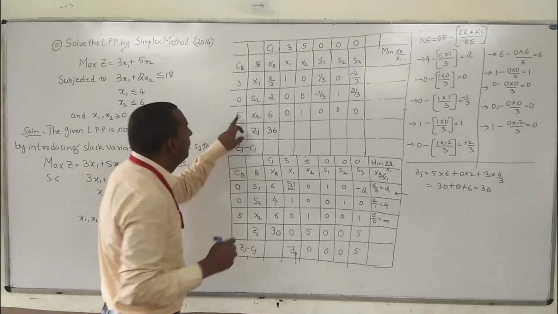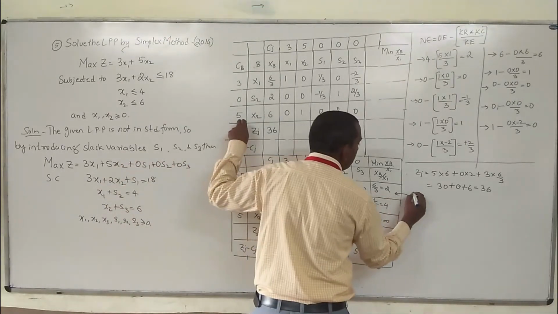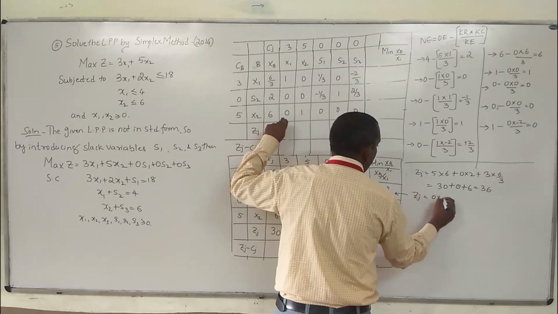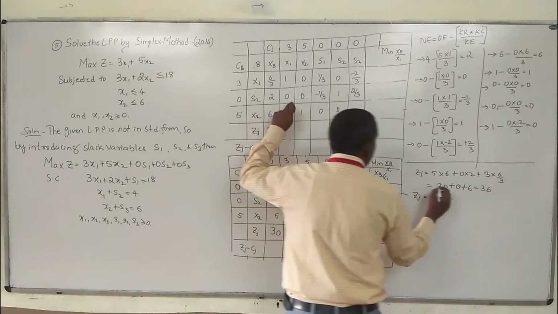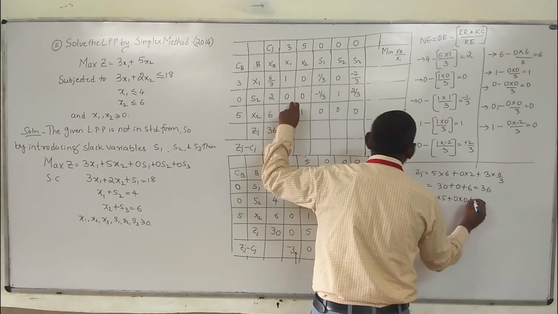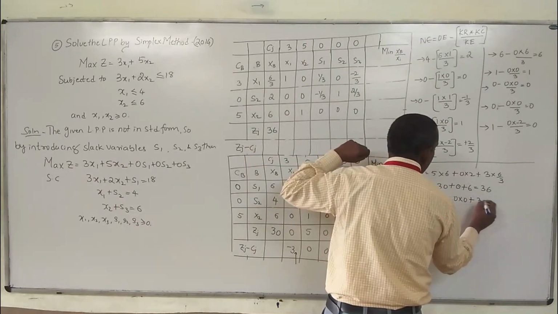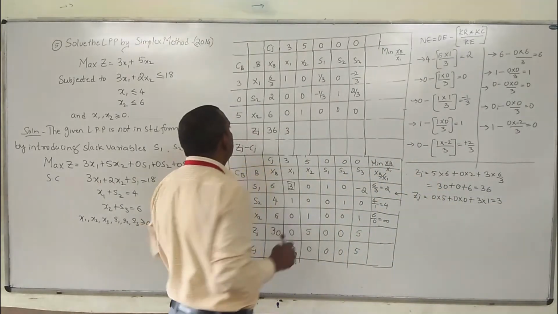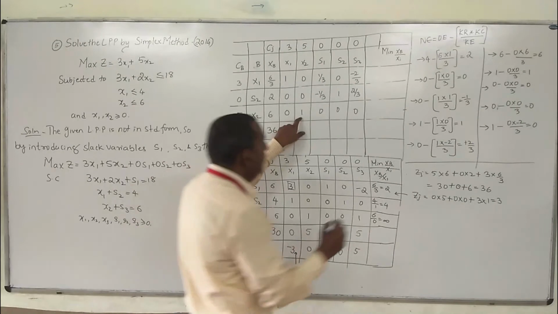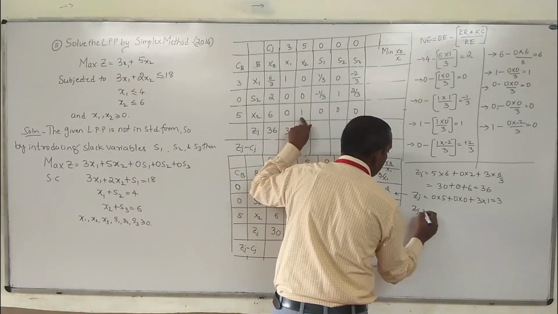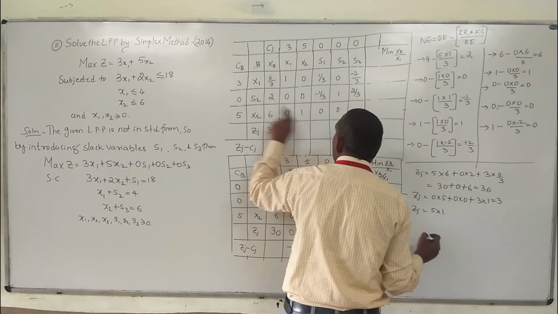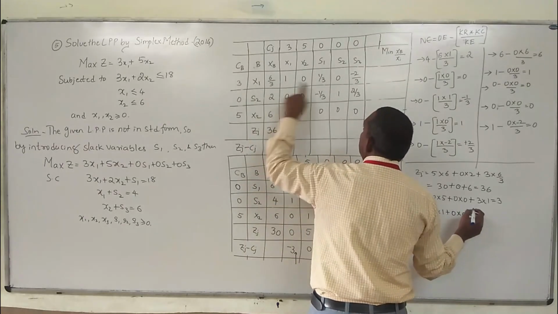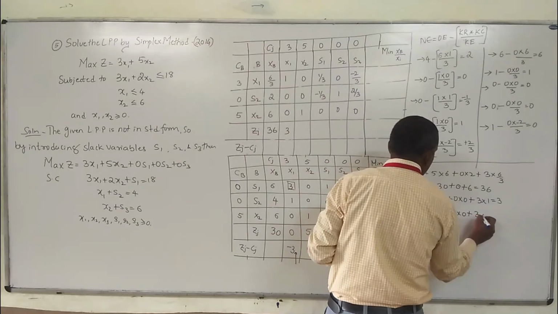In the same way, it is 0 into 5 plus 0 into 0 plus 3 into 1. The answer is 3. So let me write 3 here. In the same way, 5 into 1 plus 0 into 0 plus 3 into 0.